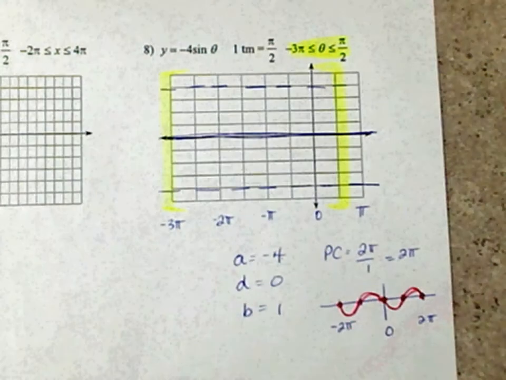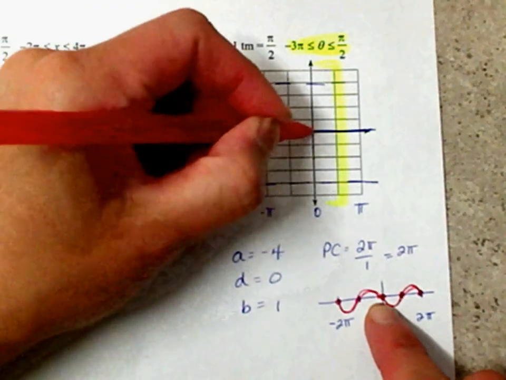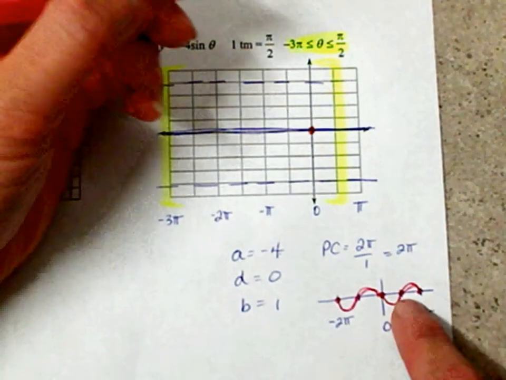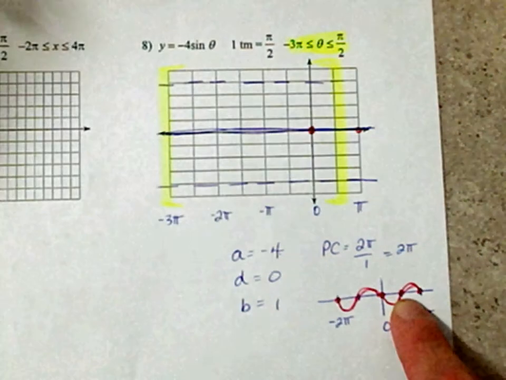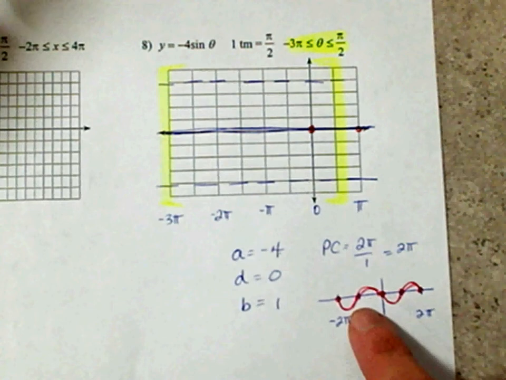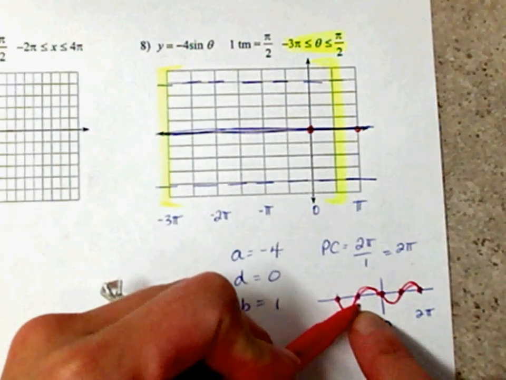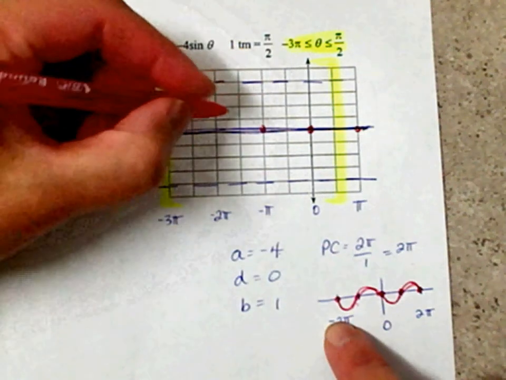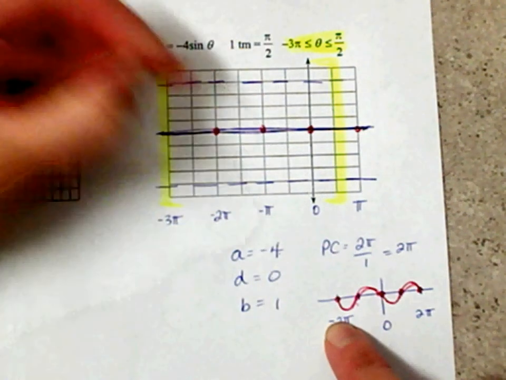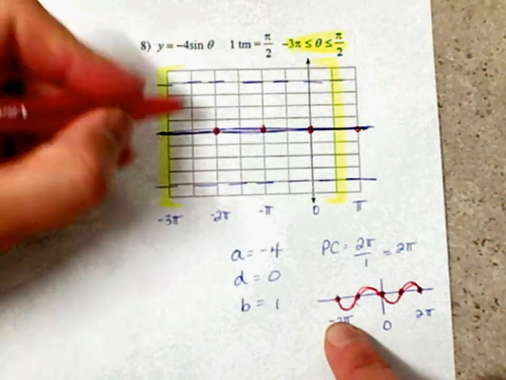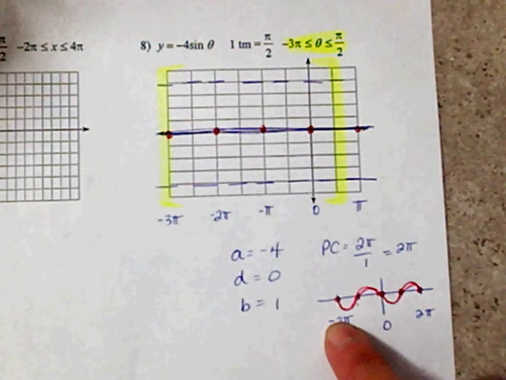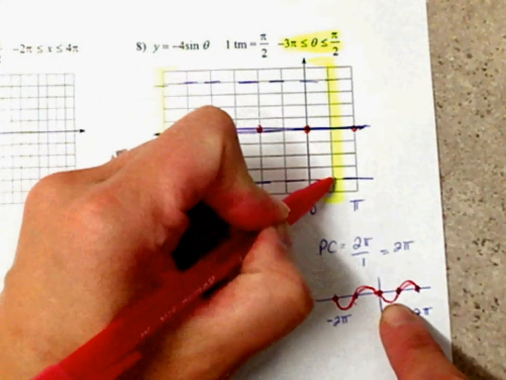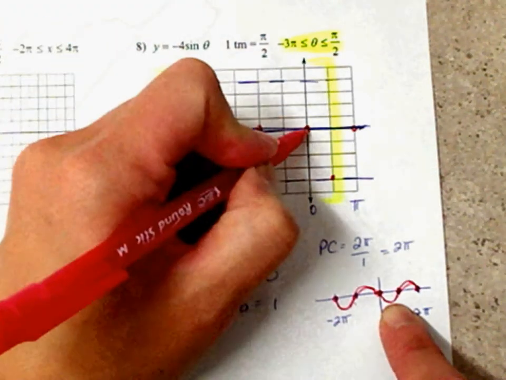0, 0, right here. At pi, notice there's going to be a line. That's just going to help me. Now I'm going to go backward. Right here is negative pi. What's happening at negative pi? There's a point at the midline. At 2 pi, there's a point. Are you seeing how every other one is going to come back to the middle? Okay? Now, from 0 to pi, I'm going to go down to my minimum. So there's this part right here, okay?